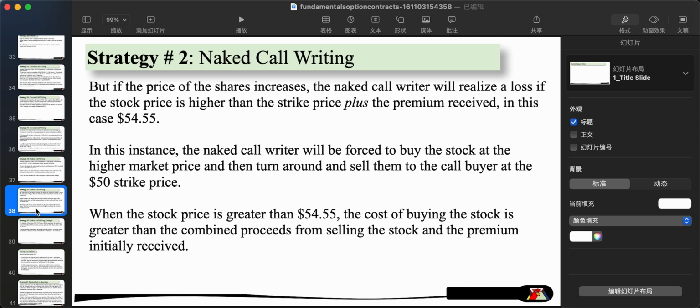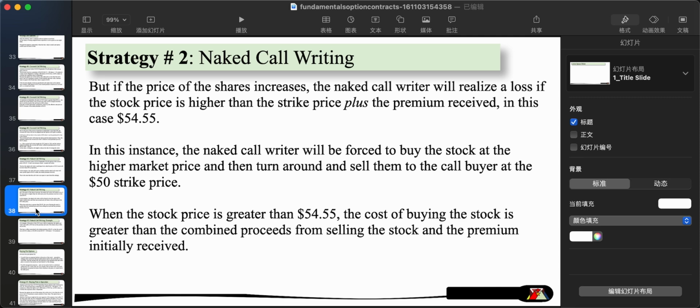In this instance, the naked call writer will be forced to buy the stock at the higher market price and then turn around and sell it to the call buyer at the $50 strike price, because you are writing a call and someone is buying the call from you. So that's why, as an option seller, you are obliged to sell them the stock. So that's why you have to bear all this risk for that tiny $5.